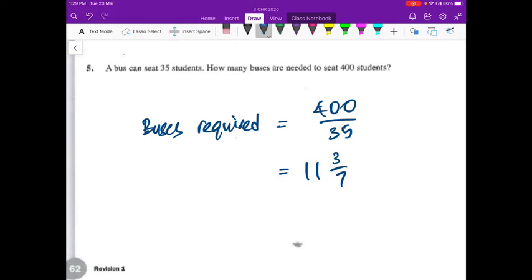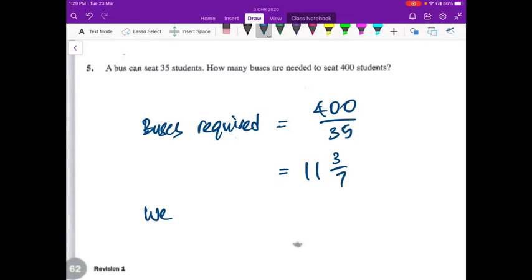So how many buses needed? 11. Don't need round off. So 11 or 12? 11. What? No walking, take bus.